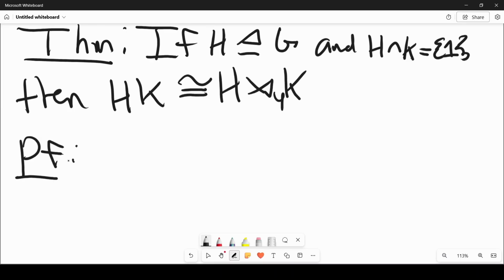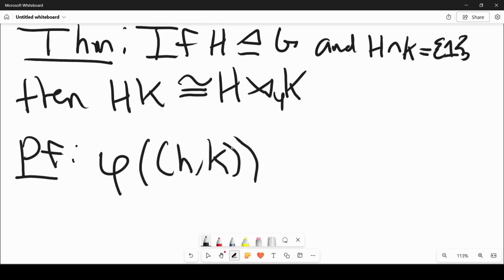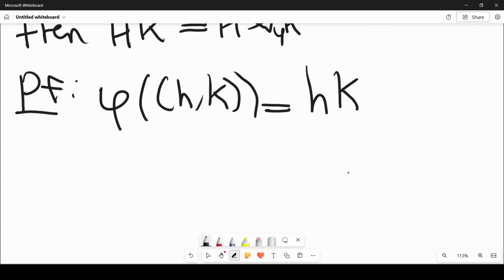Okay, so we're just going to prove it by defining an isomorphism. So define some map φ, which is going to take a pair (h, k), so that's in the semi-direct product, and it's going to send it to something in here. Hopefully your guess should be hk. Pretty standard.